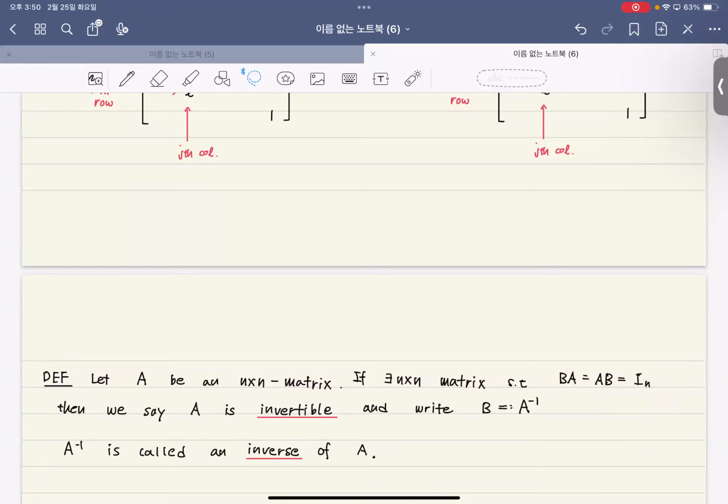For non-square, rectangular matrices, there usually cannot be any inverse matrix.